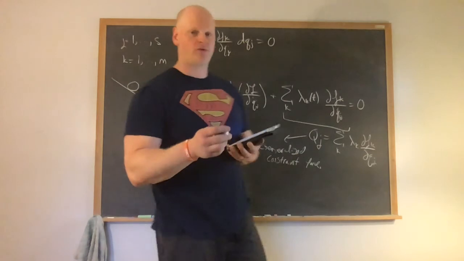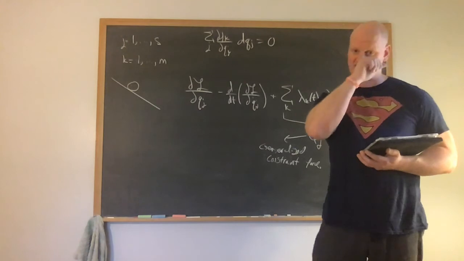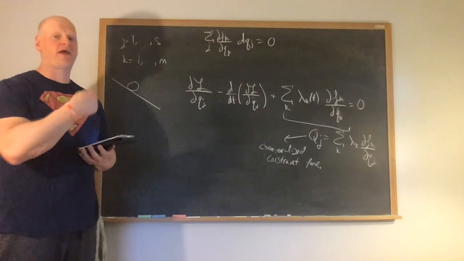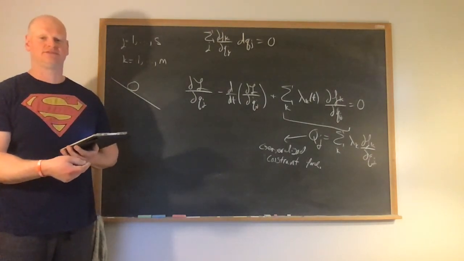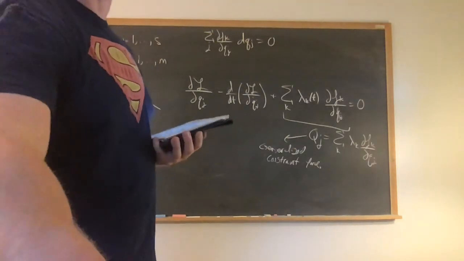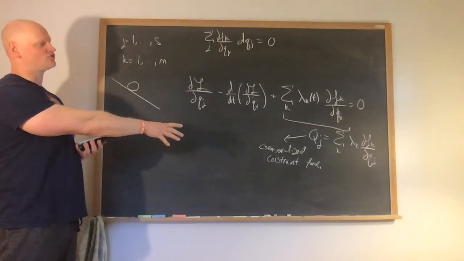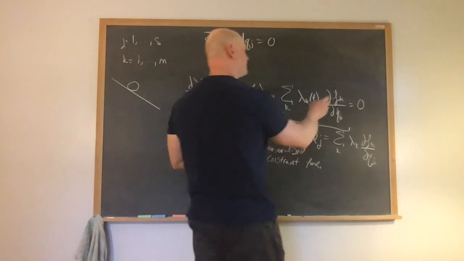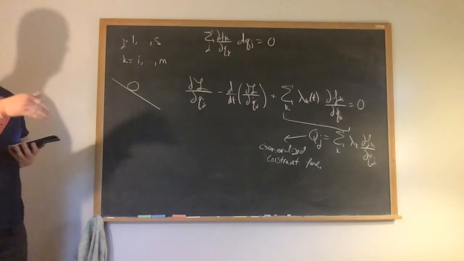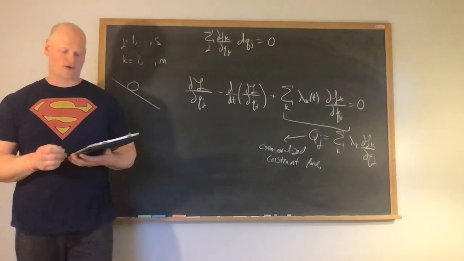So this generalized constraint force a lot of times will tell me what the forces are which are generating these particular constraints that I have, even though Lagrangian mechanics does not require me to know what they are in advance. I can determine exactly what these forces are purely based on the fact that it comes from this constraint equation, where I just need to know what that constraint equation is, take derivatives of that, multiply by these unknown lambdas, and then I can solve for what lambda is. Once I know what lambda is, then I know exactly what this constraint force is.